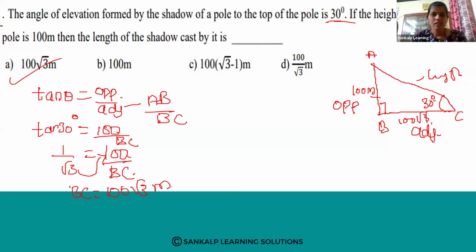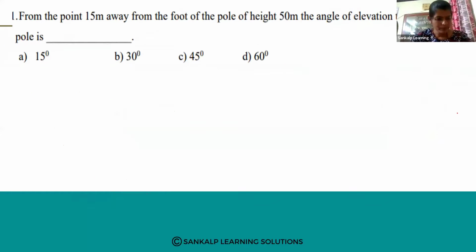Okay. So next. From the point 15 meter away from the foot of the pole of height 15 meter, the angle of elevation to the top of the pole is. See, this is pole, of height 50.